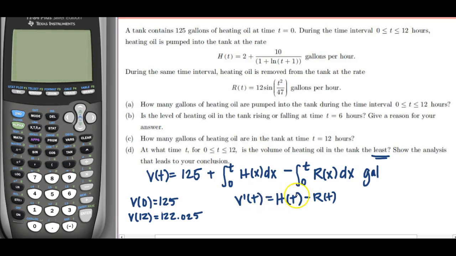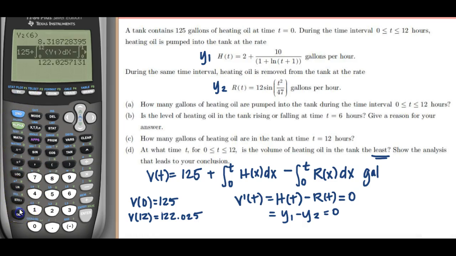So what I want is where the derivative equals 0. So I need to know, when does h of t minus r of t equal 0? So now let me remind you that we stored h of t as y1 and r of t as y2. So what this amounts to is, when does y1 minus y2 equal 0? Well, there's kind of a cool thing we can do on our calculator.